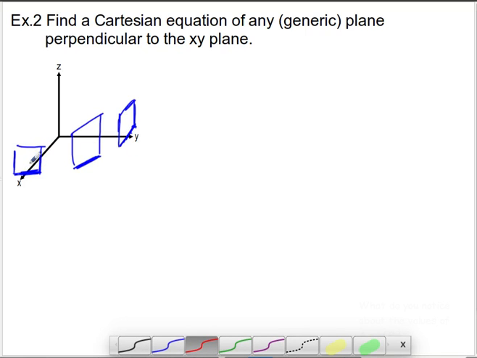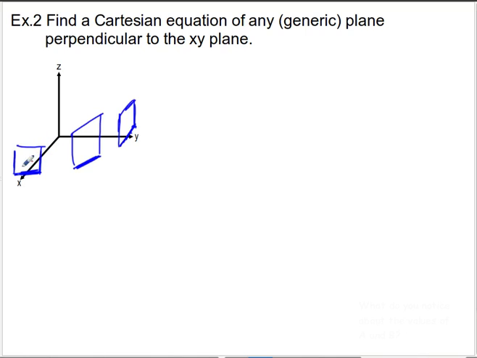With this one in particular, what I was trying to show you was the x-axis is coming out and being perpendicular. And so that would mean the i vector is perpendicular there. Over here, the j vector would be perpendicular.